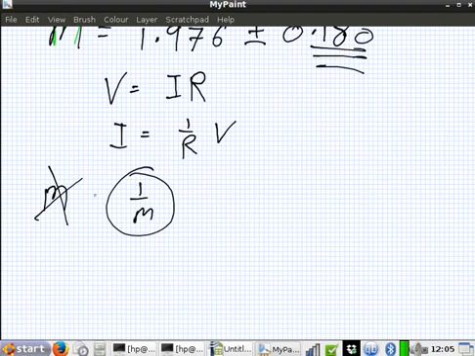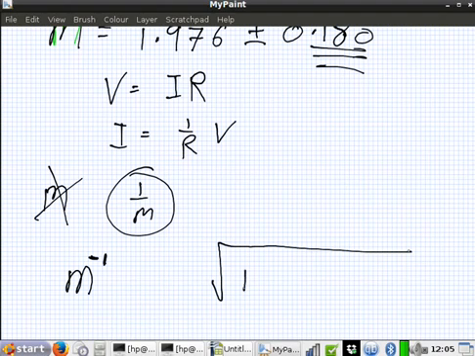Well, if I have m to the power of minus 1, what's the formula for uncertainty? It's square root, minus 1 squared, multiplied by the uncertainty. Sorry, I'll write the formula out fully.